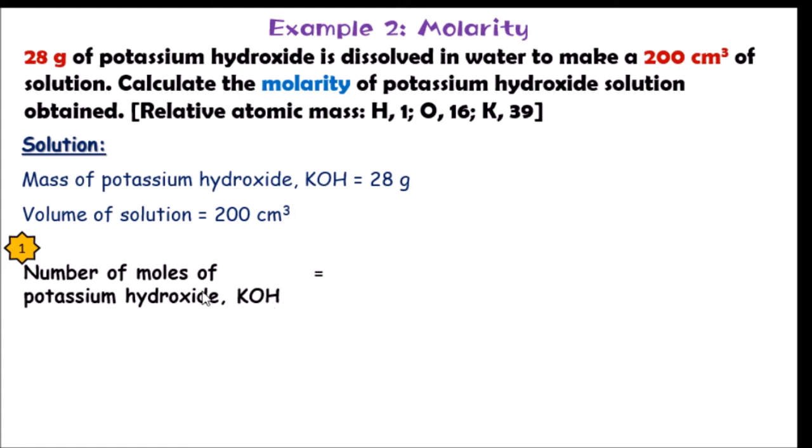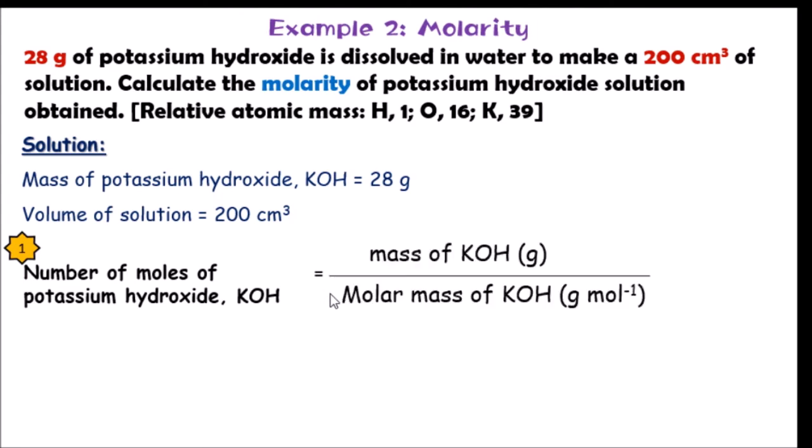Number of moles is equal to mass over molar mass. Now, try to calculate the number of moles of potassium hydroxide. Take out your calculator and find the answer.